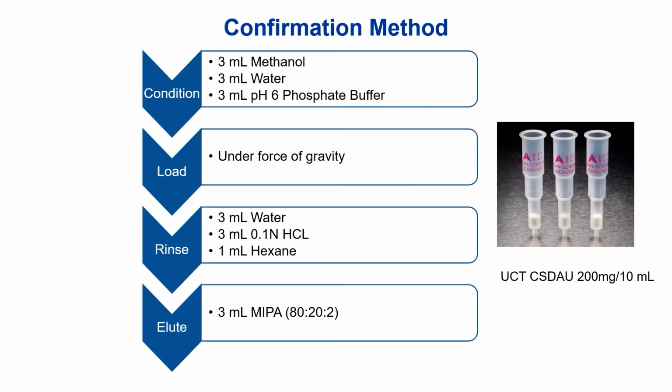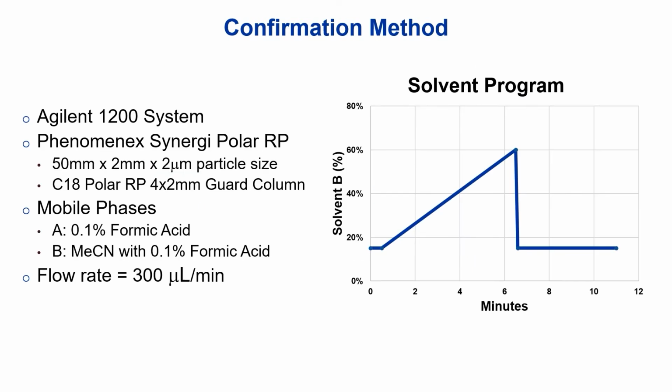The solid phase extraction procedure is a typical procedure that is used for alkaline compounds in biological specimens. Separations were achieved using a Phenomenex Synergy Polar RP column on an Agilent 1200 HPLC system, and a depiction of the solvent program is seen on the right.